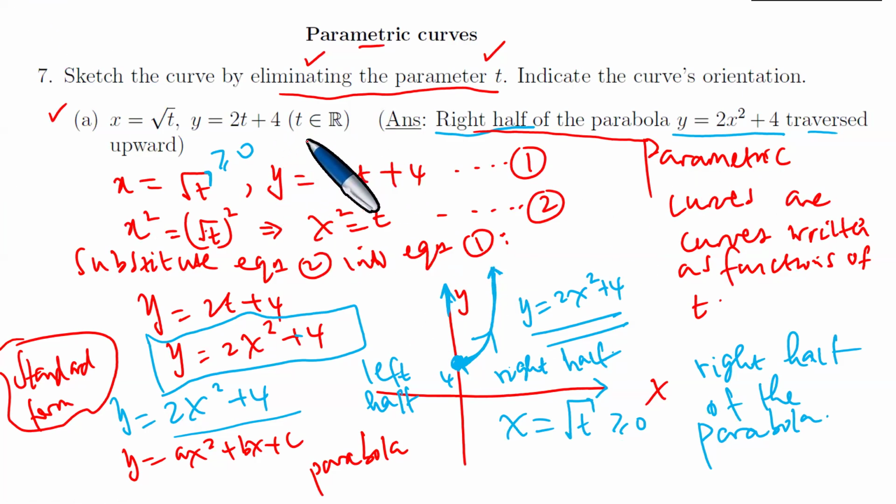But the question is, where does it end? So it runs on and on whenever t is a real number. t would be greater or equal to 0.